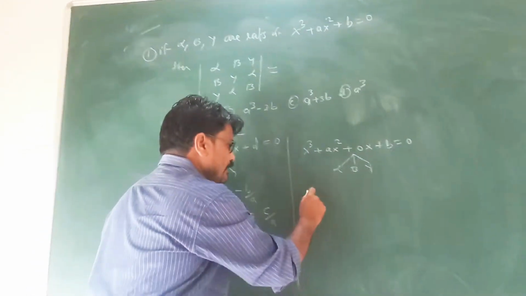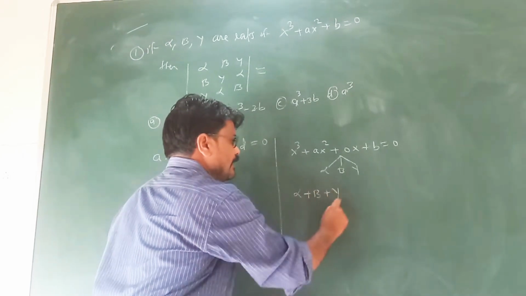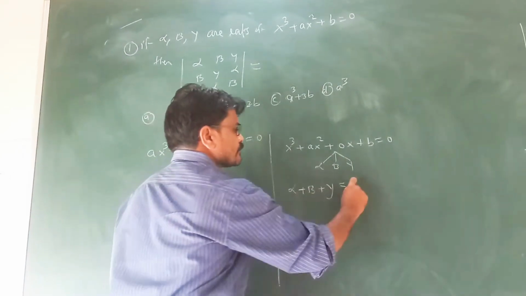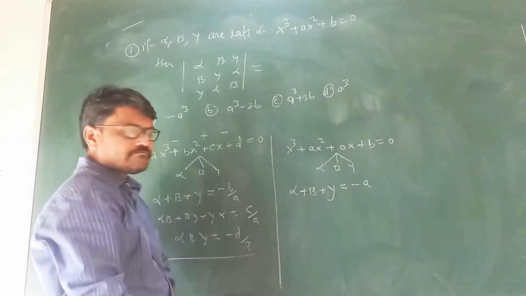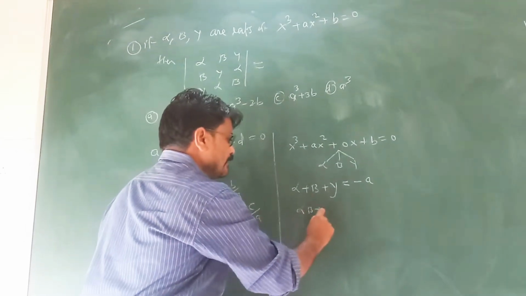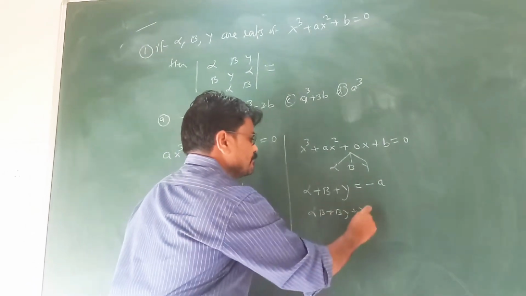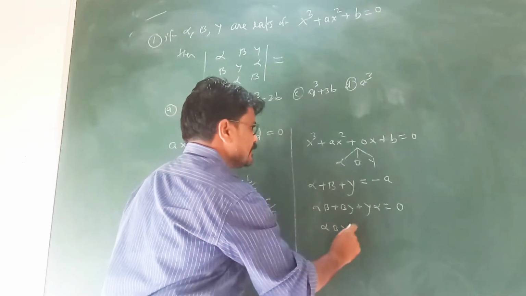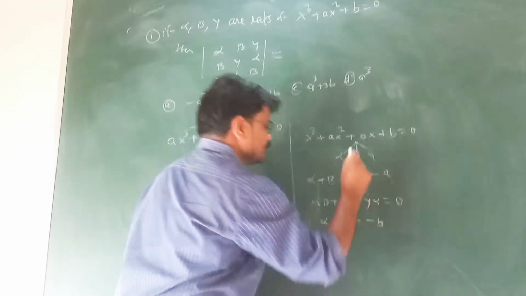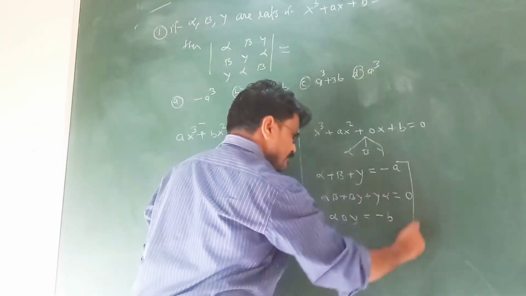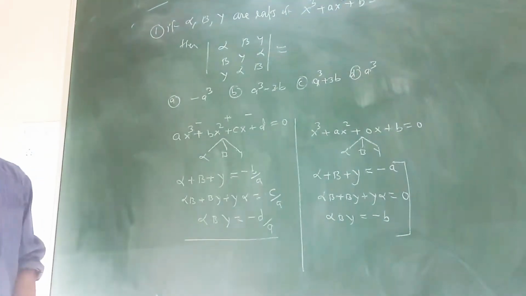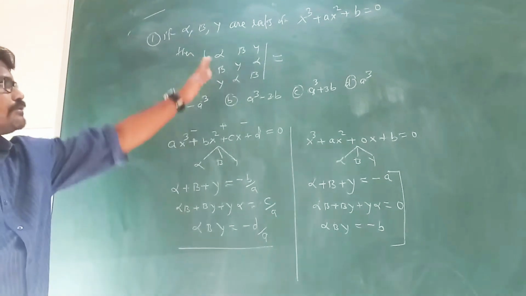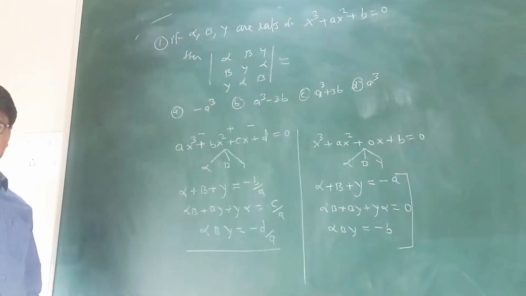So therefore alpha plus beta plus gamma is given by minus a, and alpha beta plus beta gamma plus gamma alpha is 0, and alpha into beta into gamma is minus b. So these are the three important results which we can use in this particular determinant problem. Correct?